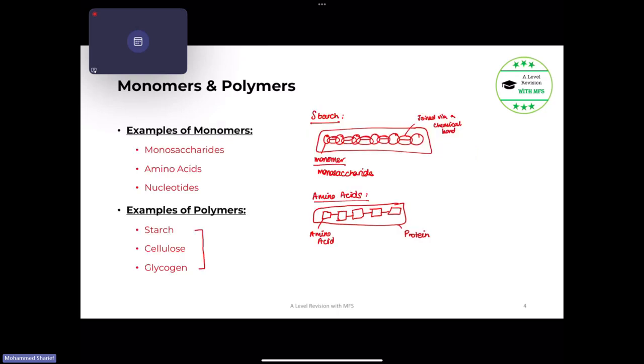Now, we've looked at some examples of monomers because the spec stated some examples of monomers, and we've also looked at some examples of polymers. And we've realized that in order for many monomers to join together to form a polymer, there has to be a chemical bond which keeps these monomers joined together.